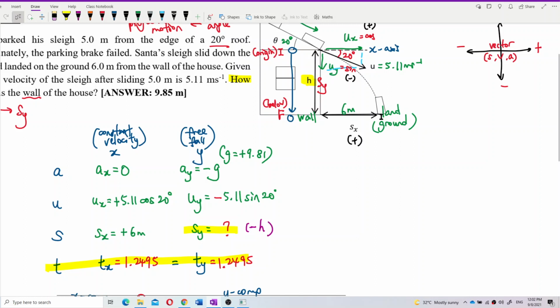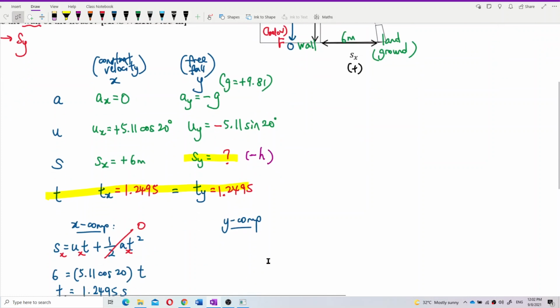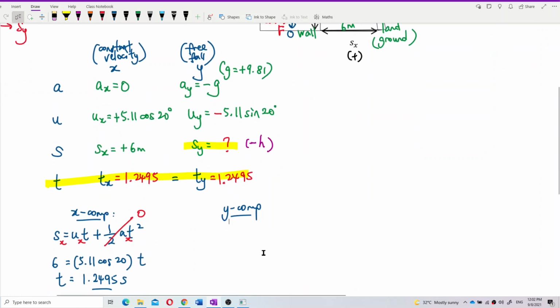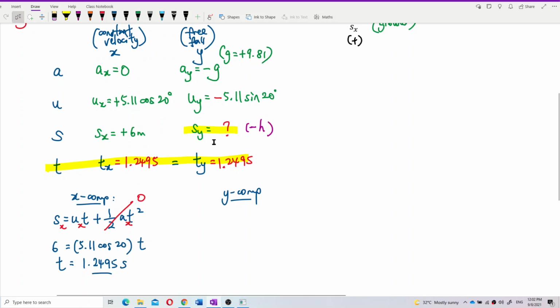The time of flight, the time taken is 1.2495. Okay, so now we want to find how high is it, which is the y displacement.